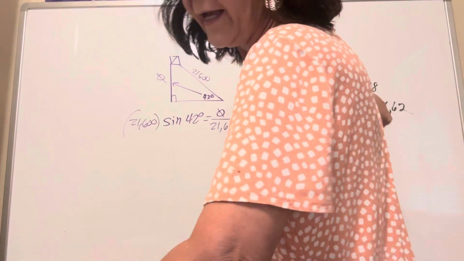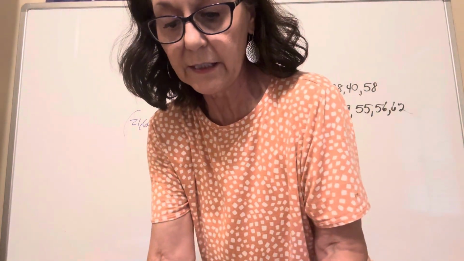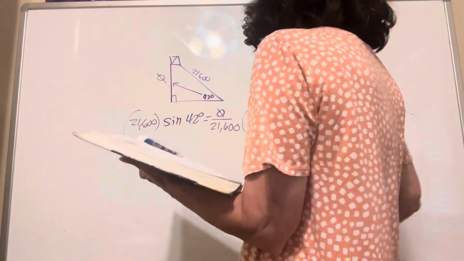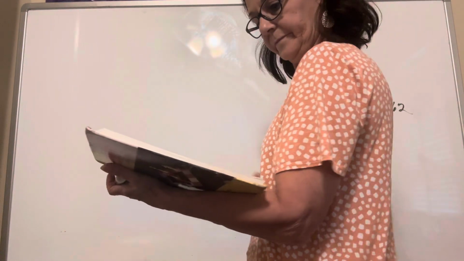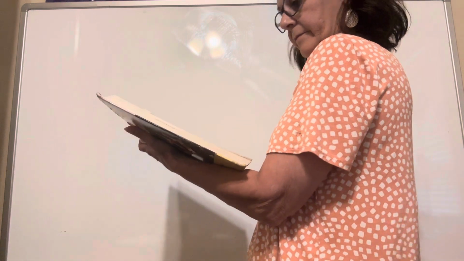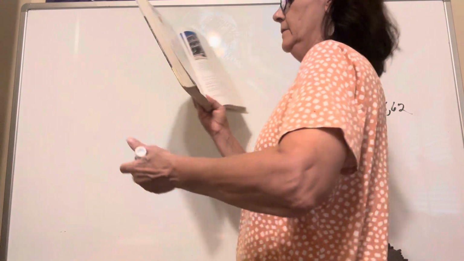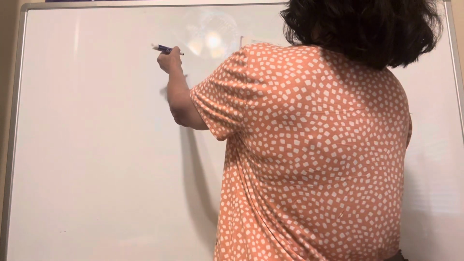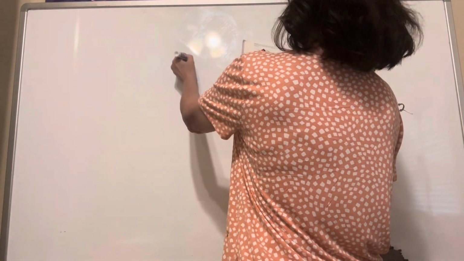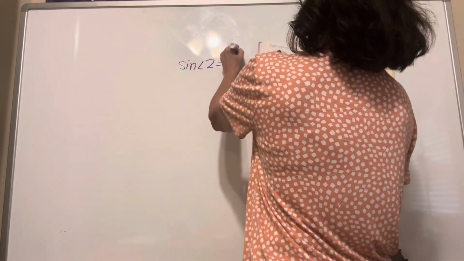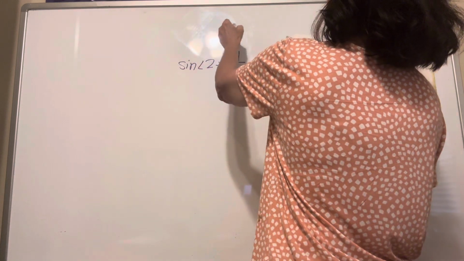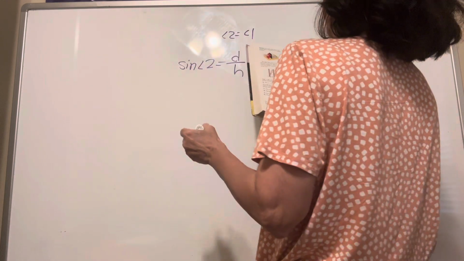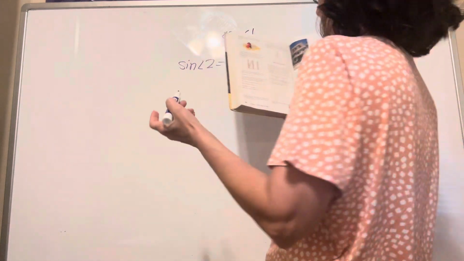Now we're going to 58, which is on page 460. In 57, the sine of angle 2 is D over H, and angle 2 equals angle 1 because of the parallel lines.